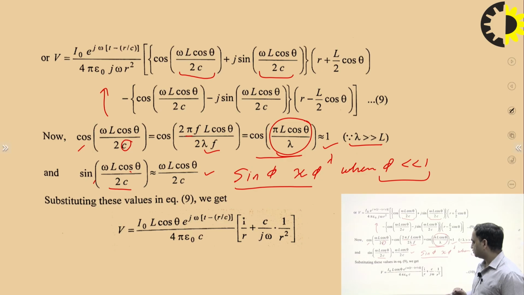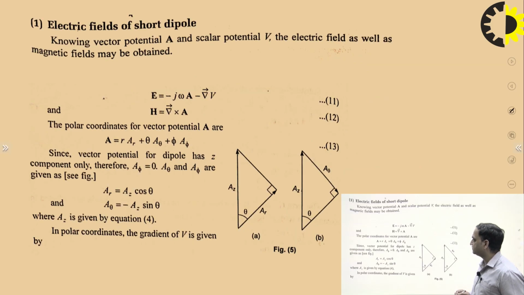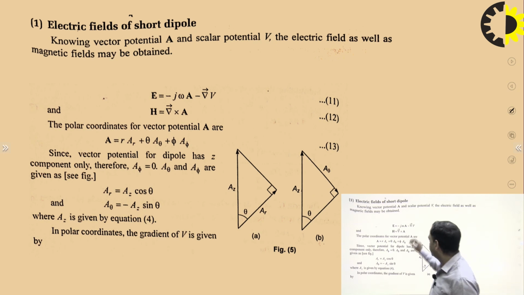Okay, so two things we have covered: one is the magnetic vector potential and the second one is the scalar potential. These two functions we got. Now we will apply the magnetic vector potential and the scalar potential to these two equations.